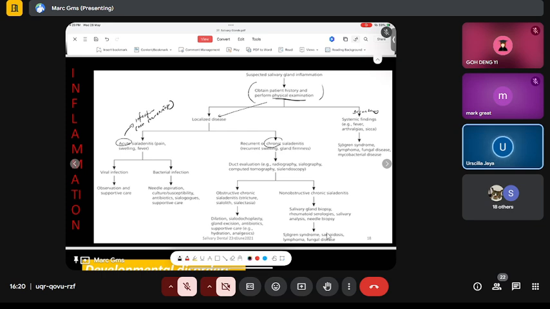If it's non-obstructive, that's when you do a biopsy. How do you do a biopsy? What's special about the salivary gland is that you cannot just do an incisional biopsy or anything like that.